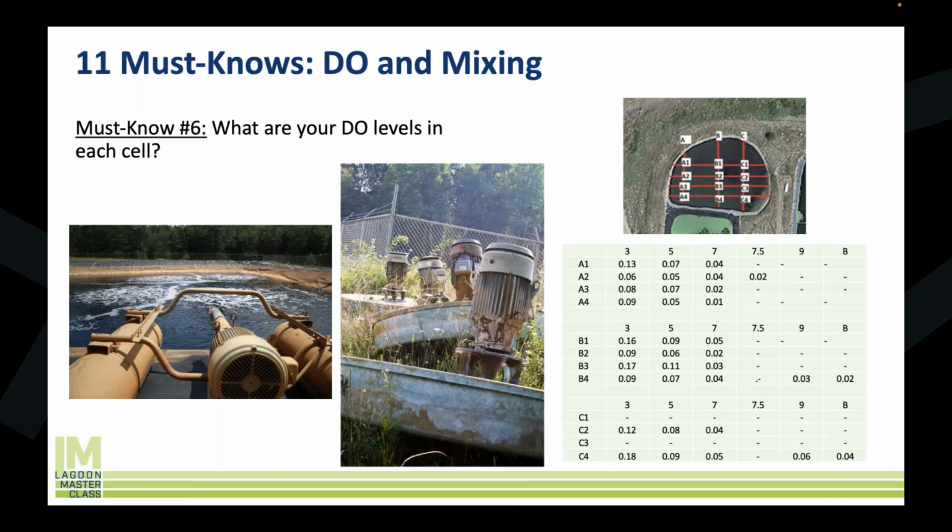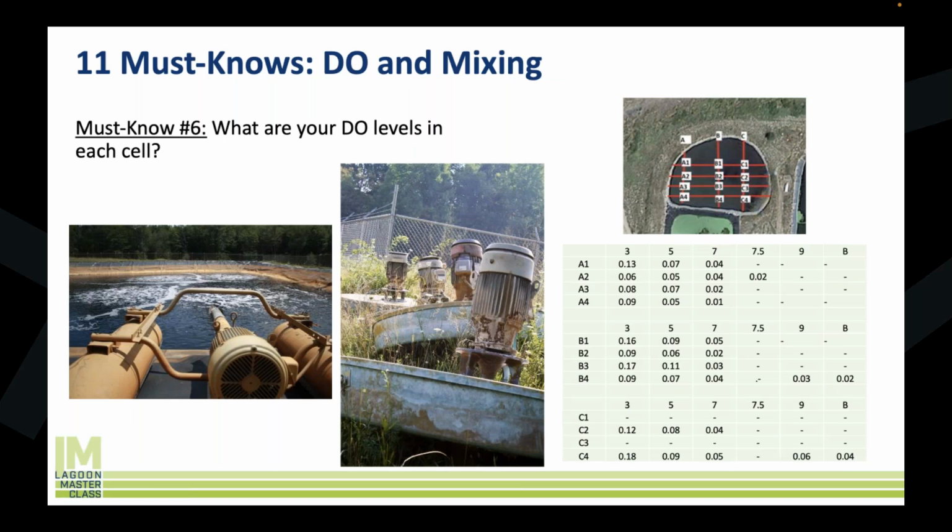This is a lagoon system here in Colorado, our home state, about 3 hours away from our office. We did this survey for dissolved oxygen and set up this grid. Each one of these points on the A, B, and C rows were different points where we did measurements, and we went down 2 feet, 4 feet, 6 feet, etc., until we got to a point where we were hitting the sludge blanket in this particular lagoon and took DO readings across the board.